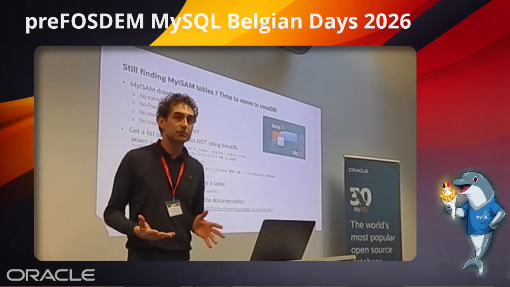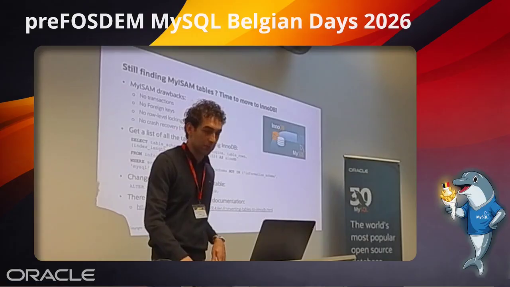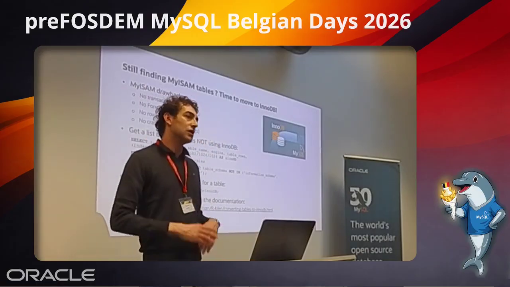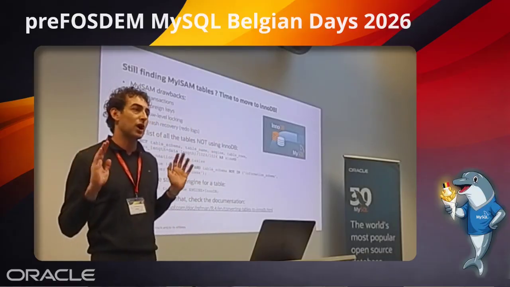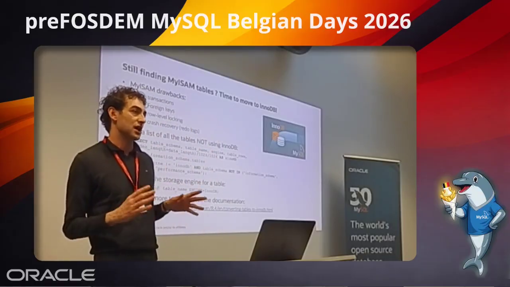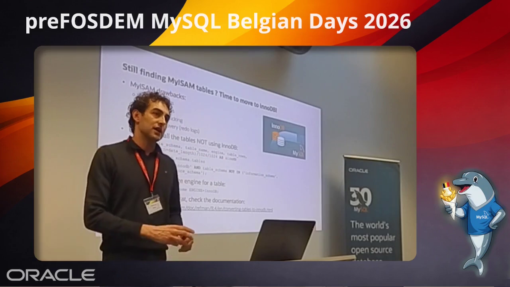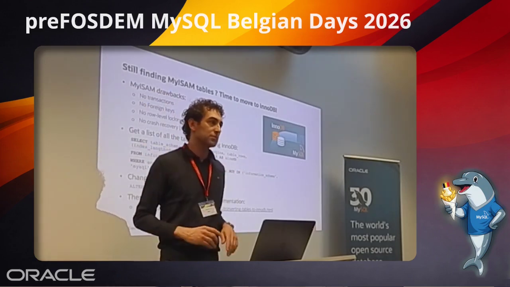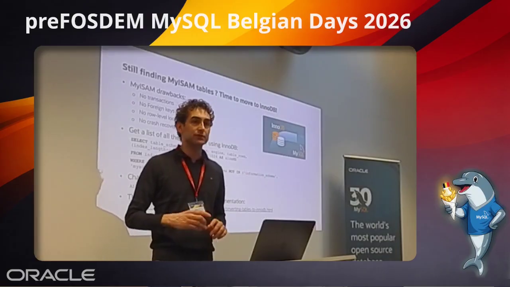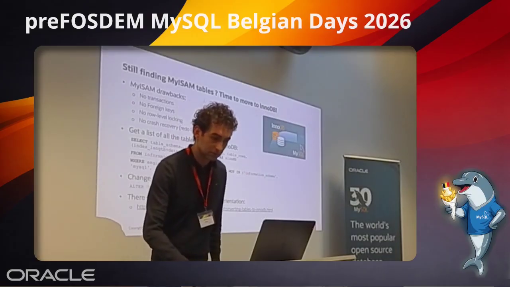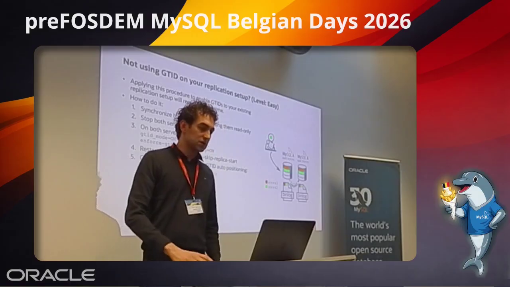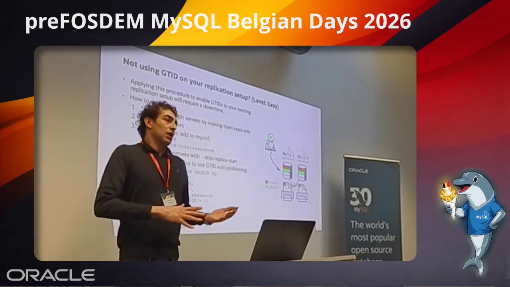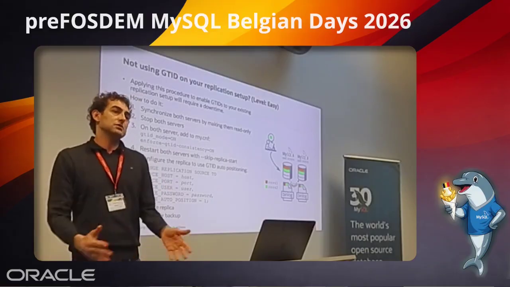Sometimes it can take quite an effort and time, but nevertheless it needs to be done, also because, as we probably all know, MyISAM doesn't have fail-safe mechanisms. Remember the good old days of table corruption. Not using GTIDs is a bit worse. You need to use them.